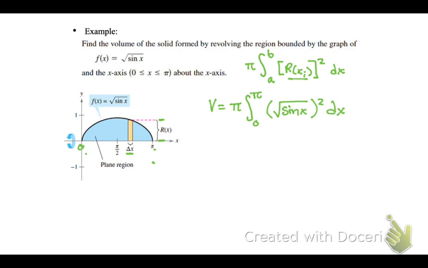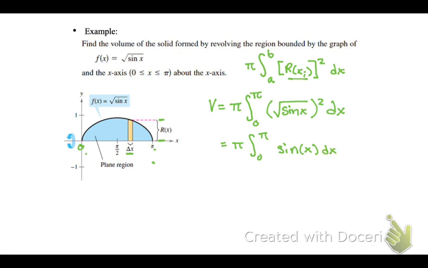So what are we going to do before we integrate that? Square it, make it just sine of x. Okay, so we now have the integral from 0 to pi of sine of x dx.